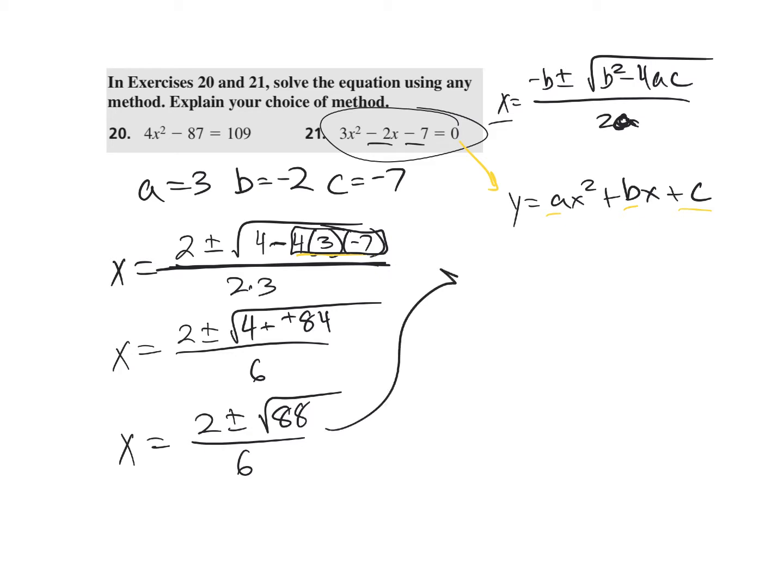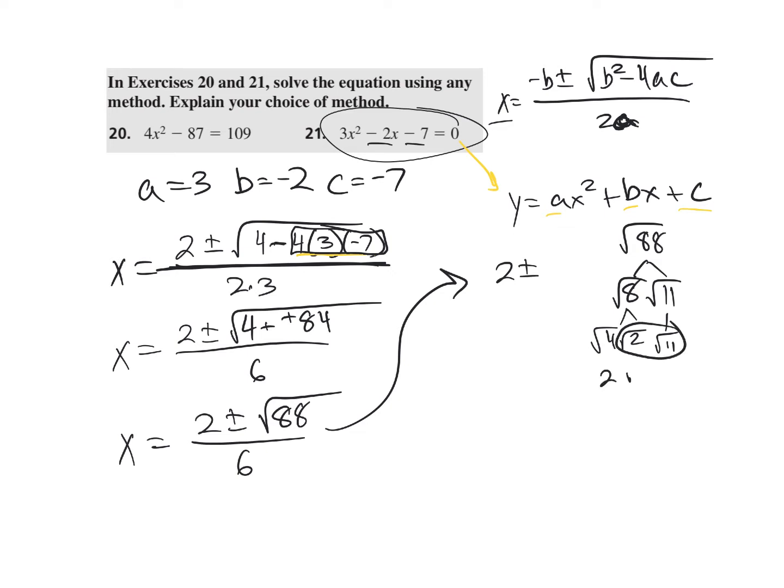All right, so now we have to get into the simplifying mode. So we get 2 plus or minus the square root of 88, which is the same thing as 8 times 11. 8 is the same thing as 4 times 2. And the square root of 4 is 2.